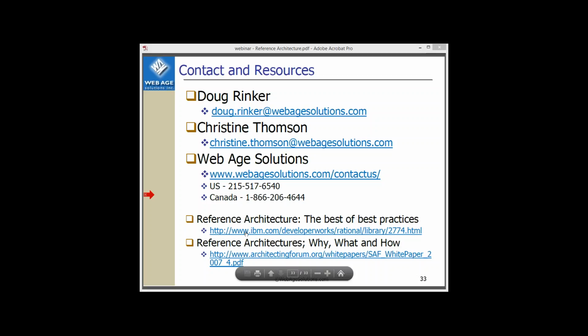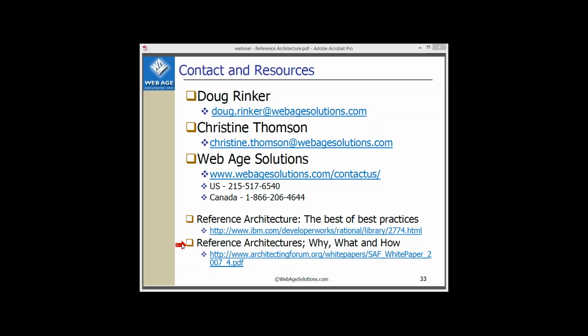I want to mention that at the bottom of the page here, there's a couple of real good reference articles. They're somewhat dated, so you don't want to pay too much attention to the technology discussion, but you can certainly look at the process and the basic philosophy they follow in these two pieces of reference material. One's from the Developer Works area of IBM, which we know has got a lot of good stuff in it, but this particular one is specifically aimed at an in-depth discussion of how to make reference architecture work effectively.